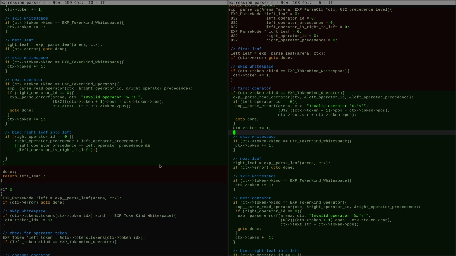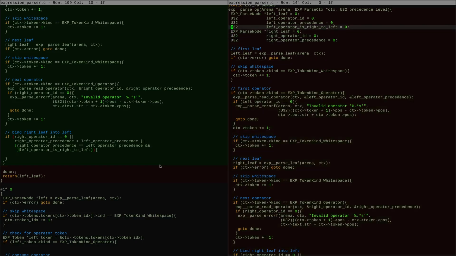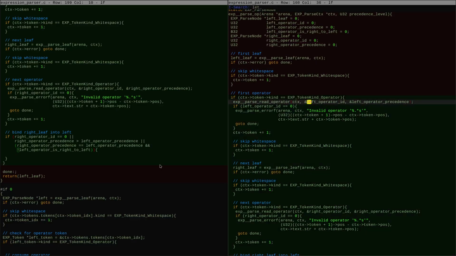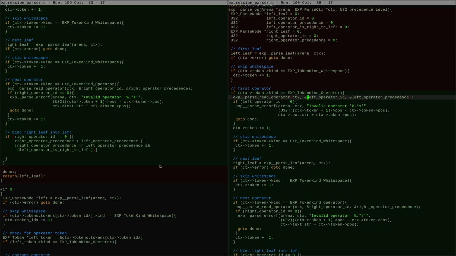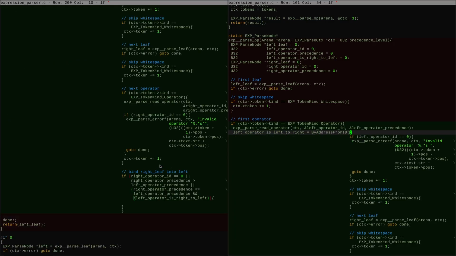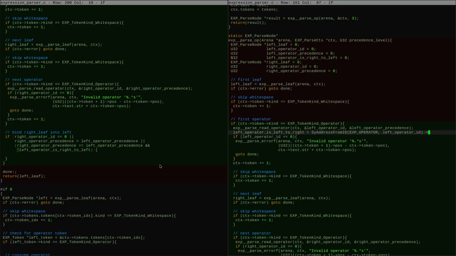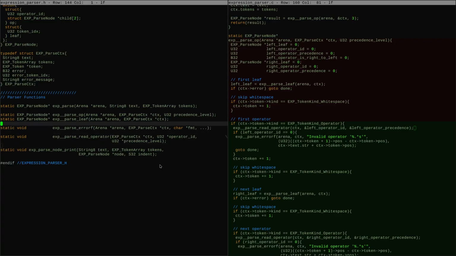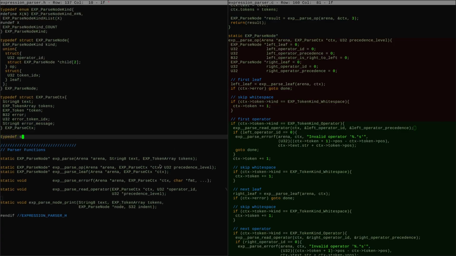Whenever we set the left operator ID, we'll also set this by going again into the operator and reading off right to left. No, it has to be more complicated because with the precedence, read operator is just going to need to get a little smarter. Okay, there we go.